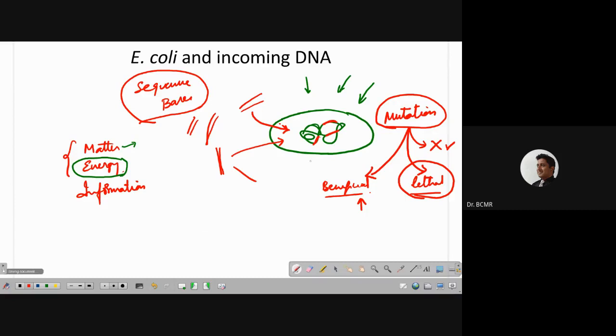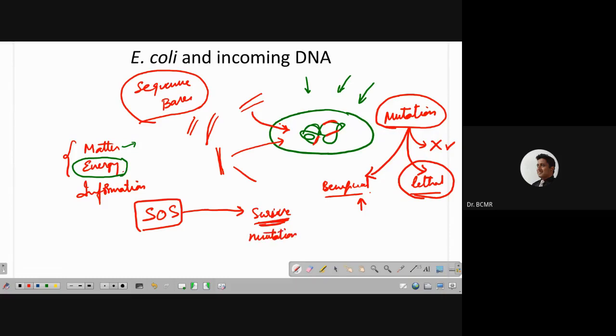We also learned about SOS response, right? What is SOS response? It is, no matter what, I still somehow want to survive. I don't want to die kind of attitude, right? In that sense, SOS response allows survival probably, but there are a lot of mutations.